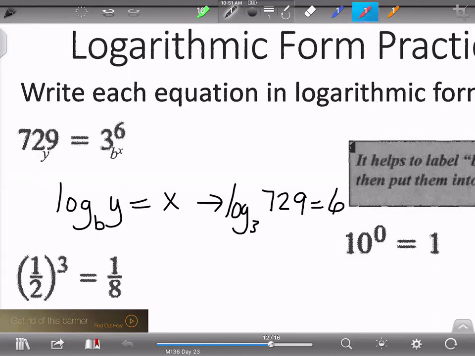So if I rewrite this in log form, this is what I would have as my answer. On your assignment for today, you're going to have some problems just like this. You're going to have to take them and rewrite them into a different form. So in this case, log base 3 of 729 equals 6.